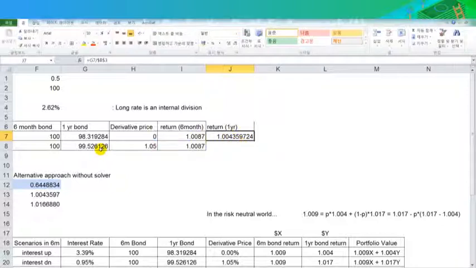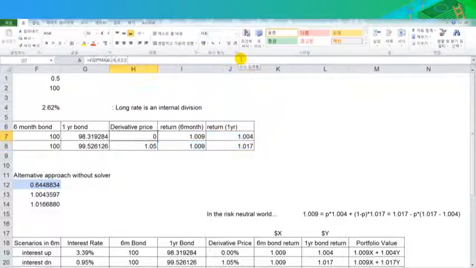When interest rate goes down, you will earn a higher return, this one. So we have too many numbers, so let's reduce the number. Like this one, so it looks much better.